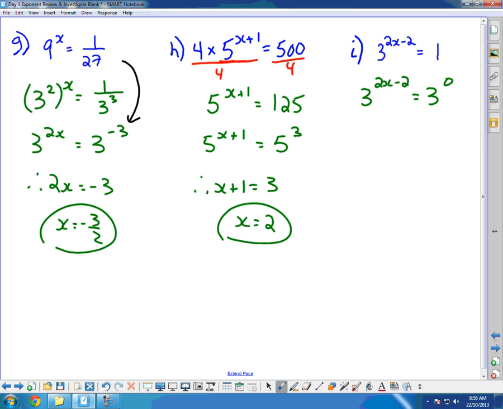I need a common base. I've got a 1. I can change that to anything to the power of 0. In this case, I'm choosing 3. So therefore, 2x minus 2 equals 0, 2x equals 2, and x equals 1. Okay?